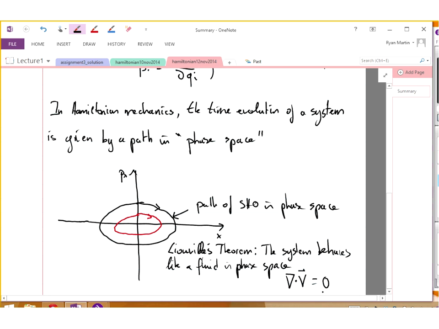And so in particular, that meant that the divergence of the velocity field was equal to 0. So we could draw the velocity on this diagram. So the velocity is tangent to these paths.